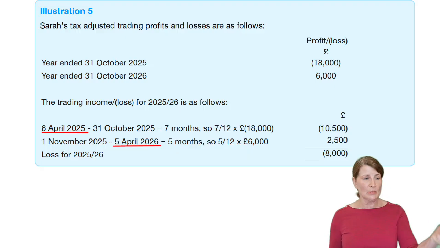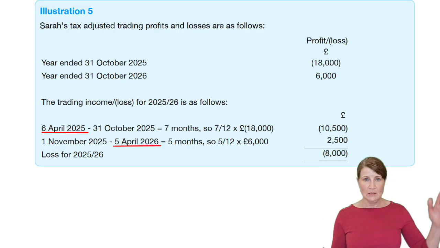So we need April, May, June, July, August, September, October. That's 7 months. So 7 months worth of our loss of £18,000 works out to be 10,500. So that's the results from the 6th of April 2025 to the end of the accounting period.